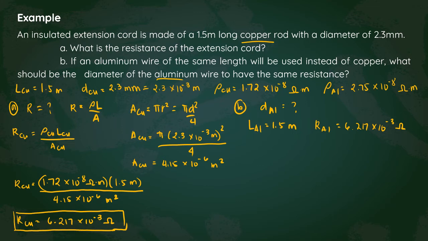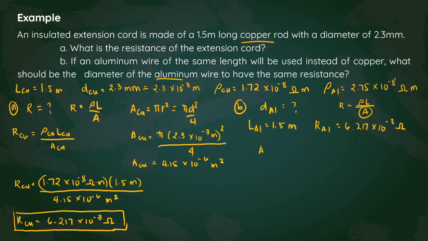And to solve for the diameter of aluminum, remember our formula, R is equal to rho L over A. Your diameter is in here. So let's derive an equation for the area of the aluminum.